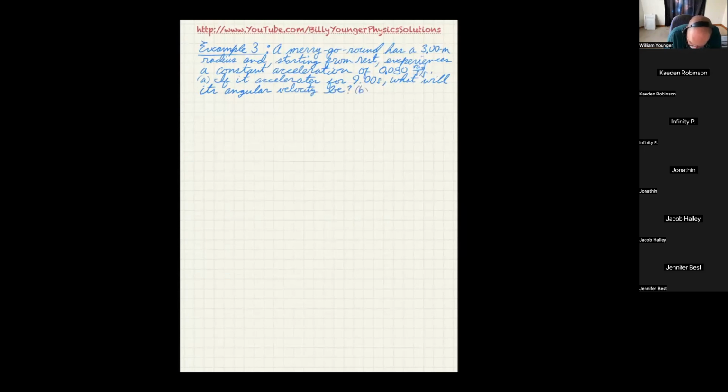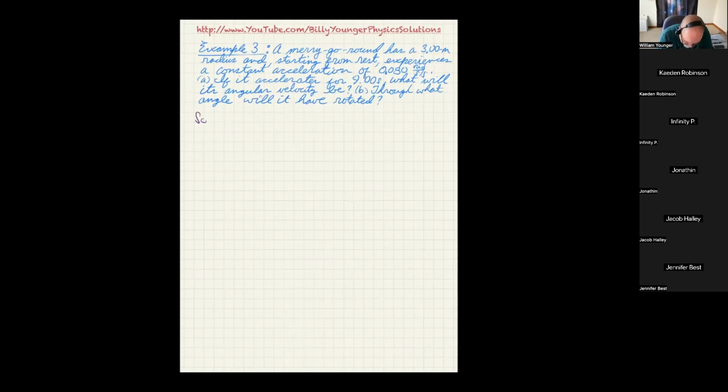B, through what angle will it have rotated? Okay, so that's the problem we're going to work.